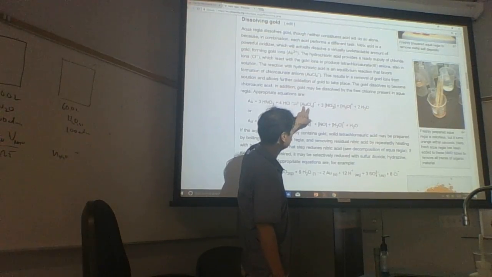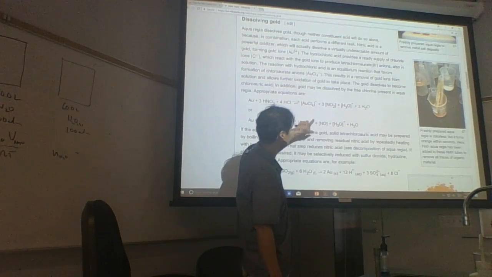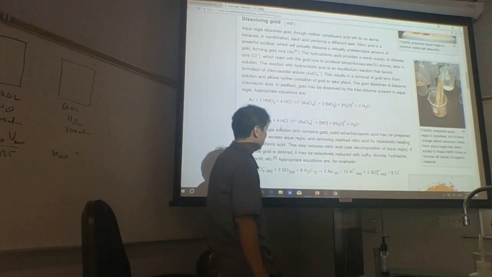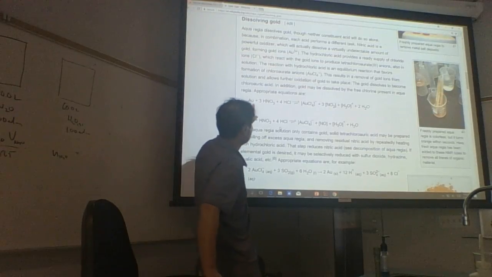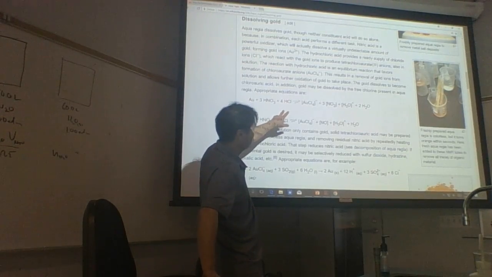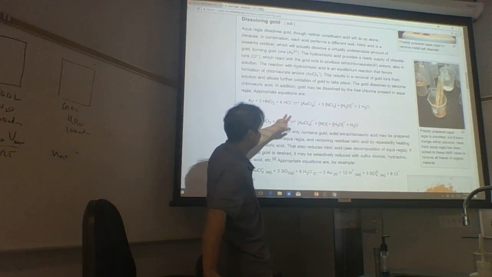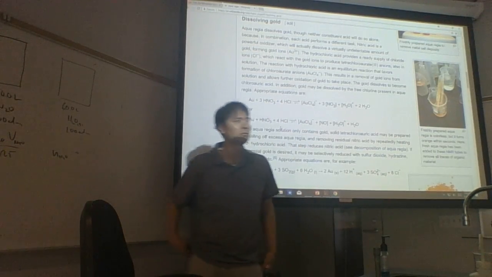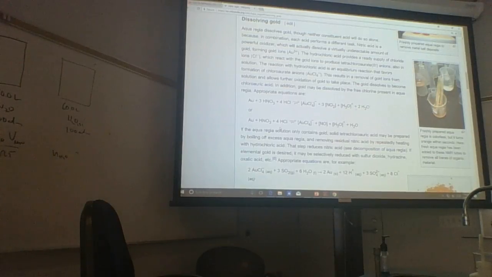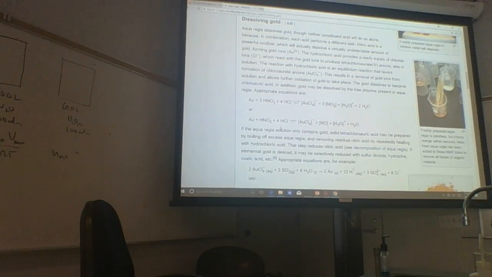These kind of weird species we look at in Chem 1B, not in Chem 4. So the first step is we've got to oxidize the gold from gold 0 to gold 3, and then gold 3 is unstable. And so we stabilize the gold 3 by attacking it with chlorides. That's how aqua regia works. A combination of reactions. Redox.